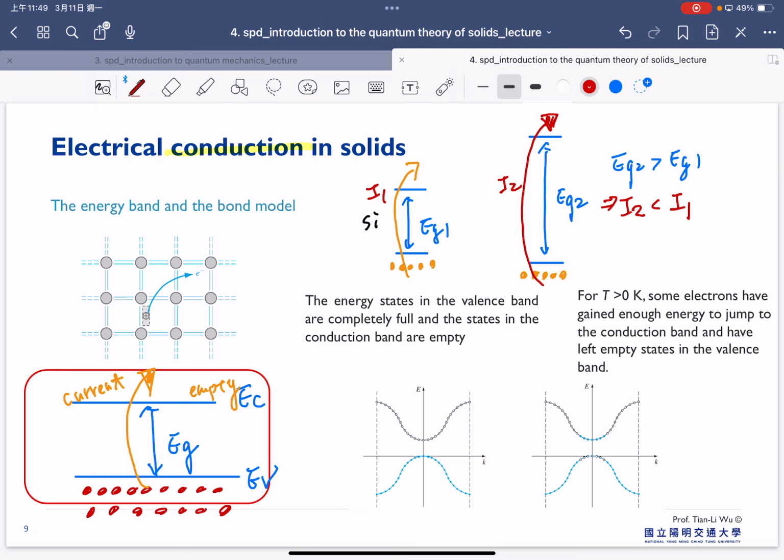Not only from common sense, I think everyone in this room knows it's difficult to have carrier conduction in an insulating material like diamond. But now, this can also be perfectly illustrated by the band diagram.